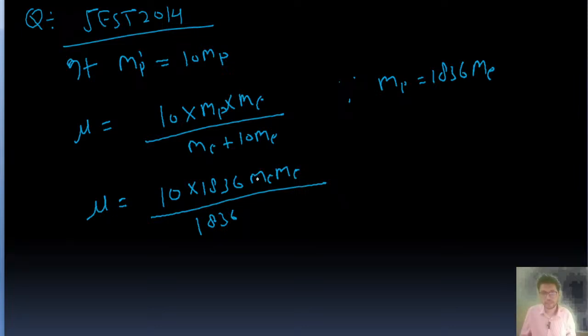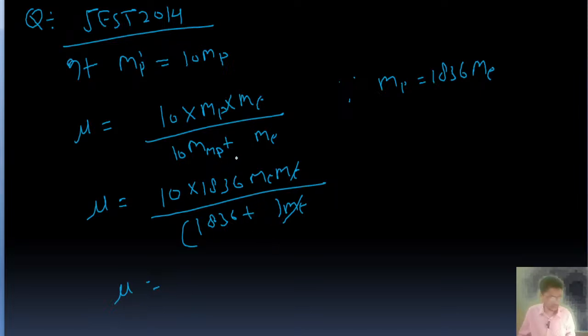1836 plus 10... me will get cancelled. So the mu value is going to be, this is 10 times, so 10 MP and this is me.